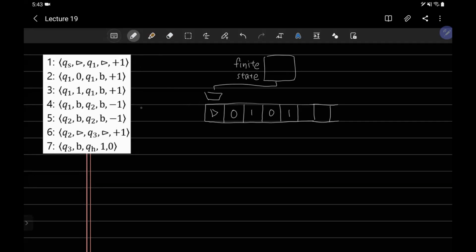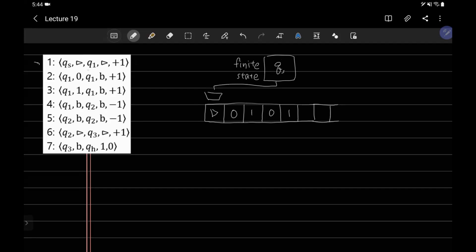Let's assume that the finite state at the beginning will be q sub start, and the head will also start from the left of the tape. At this point, the finite state is q sub s, and only the first line of the program corresponds to this one. At the same time, the head reads this starting symbol.